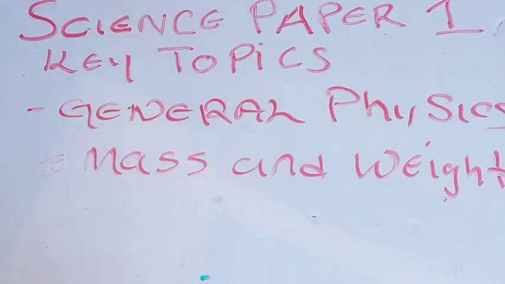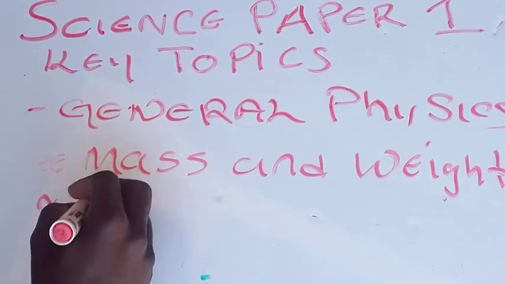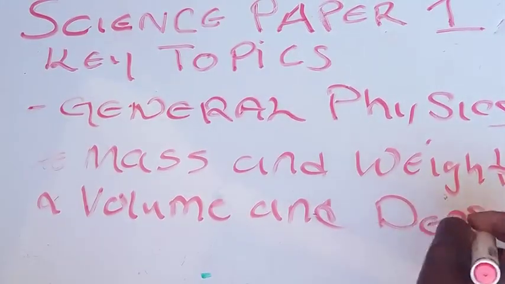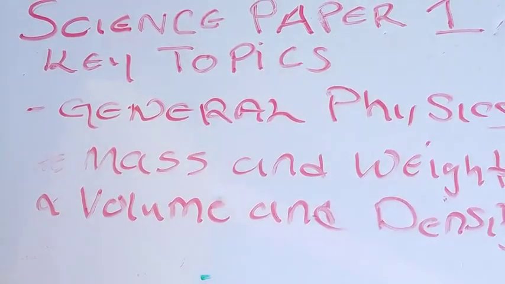The fifth one is volume and density. Under general physics, know mass and weight, and also please take note of volume and density. Know the formulas we use to find mass, weight, volume, and density.